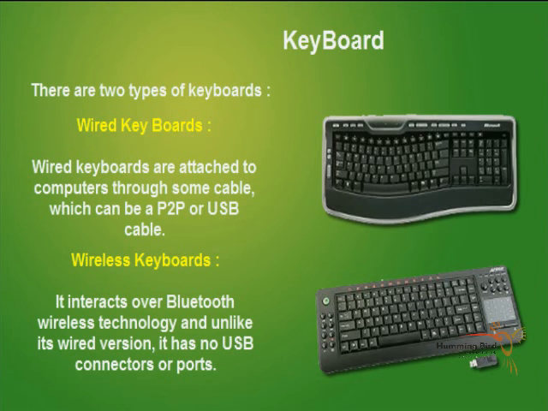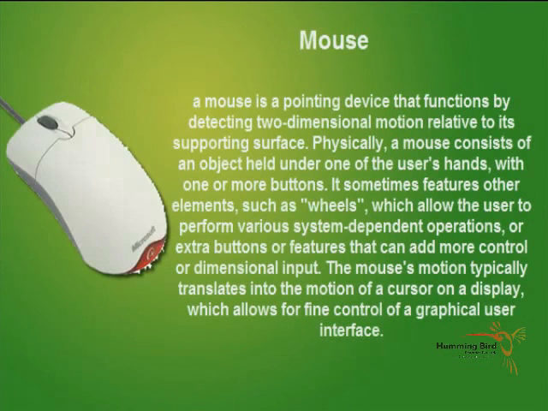The next input device is mouse. A mouse is a pointing device that functions by detecting two-dimensional motion relative to its supporting surface. Physically, a mouse consists of an object held under one of its user's hands with one or more buttons.